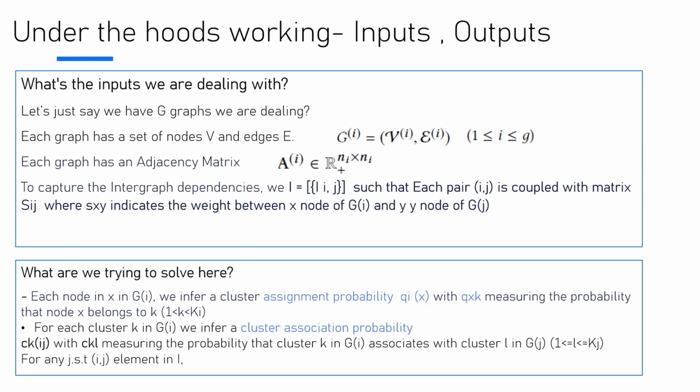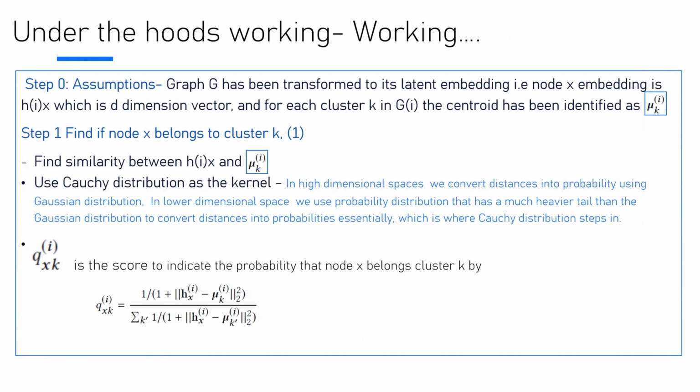Now, having been very clear on the inputs and what we're trying to get to from an output point of view, let's go into certain assumptions and the workings. Before we get into workings, we're assuming some things. One is that we've put the graph through the autoencoder, and it's been transformed into a latent embedding.